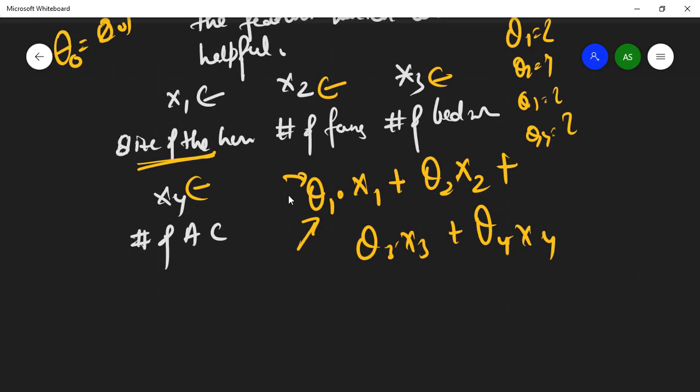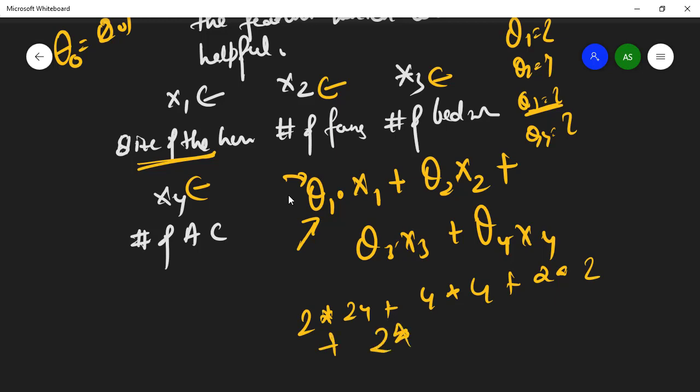Let's take the size of the house, so 2 times the size of the house, maybe 24 square feet, plus 4 times the number of fans, maybe 4, plus 2 times the number of bedrooms, because here we have theta 3 equal to 2. Let's assume the user gave 2, plus 2 times the number of ACs, maybe equal to 1. And this is the y hat of your model.